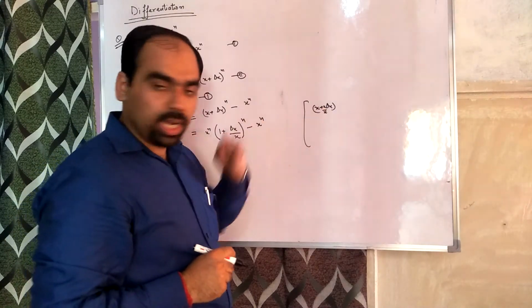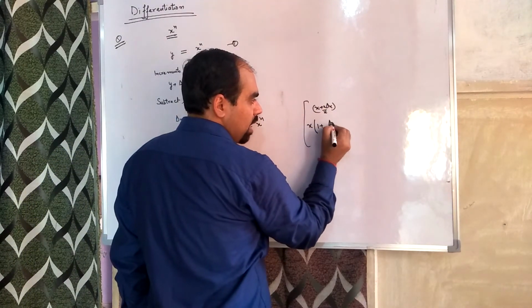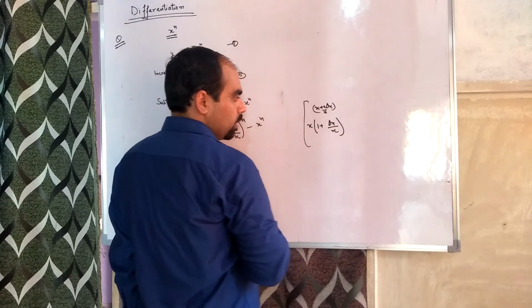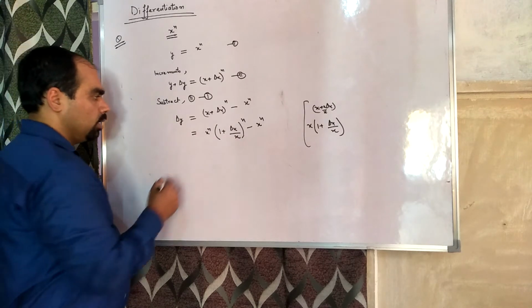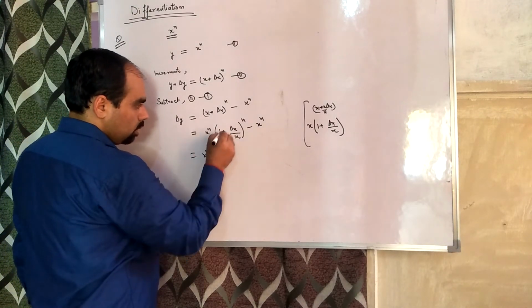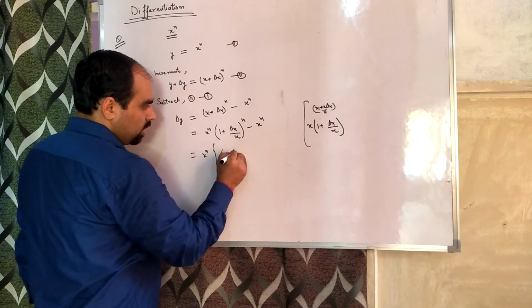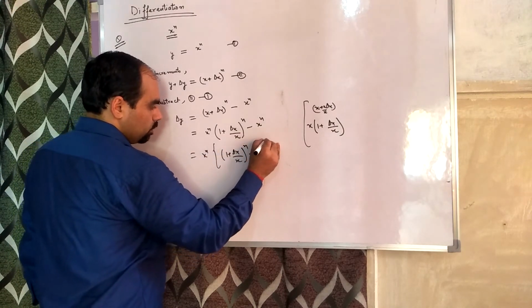Multiply with x, divide by x. Now the multiplied x would come out, 1 plus delta x by x would remain inside. So here we are having power of n, so it is becoming x raised to power n. So next step, x raised to power n, 1 plus delta x by x raised to power n minus x raised to power n.